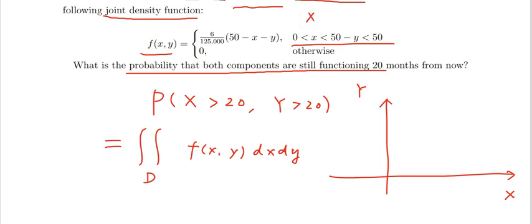So x equals 0 is just the y-axis, right? Saying x equals 50 minus y, so this is x plus y equals 50, right? So x plus y equals 50 is this line.